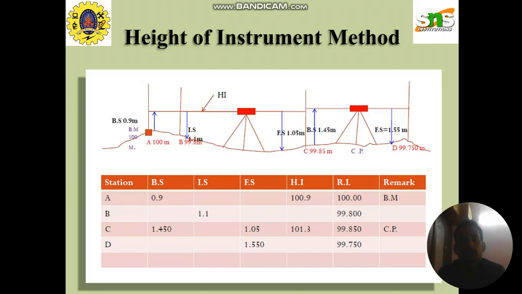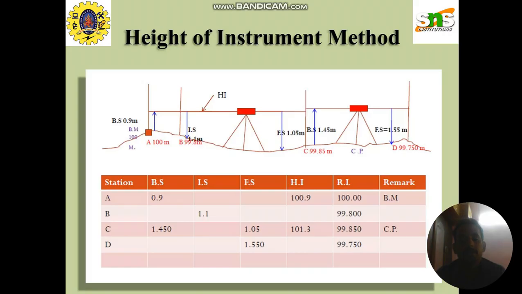Since we have changed the position of instrument, the new height of instrument can be found by adding the reduced level of point C and the backside reading. 99.850 plus 1.450 will give you the new height of instrument.